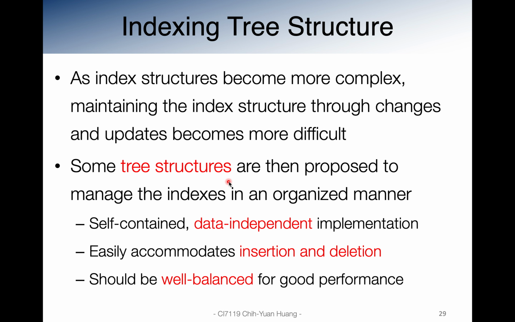And that atomic structure supports different operations, for example, the insertion and deletion of certain data. What I'm trying to say is that some famous tree structures have become a certain data type in the database management system.